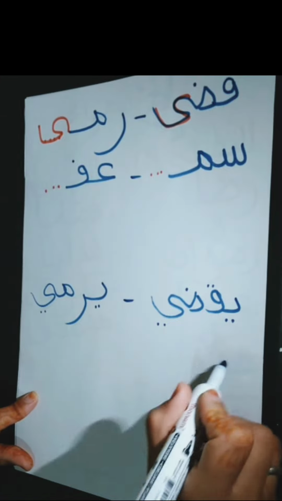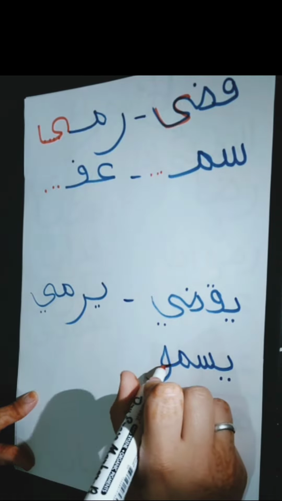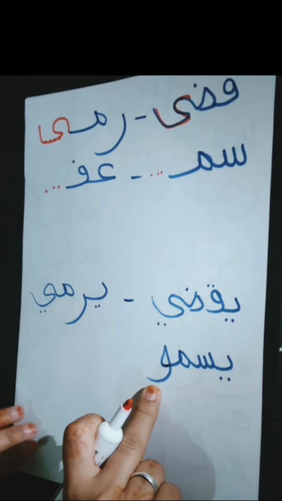The third word is sama. Okay, sama. This is word if we put it in present tense, like yasmu. It's end by waw, and we said before that if we put a verb in present tense and it's end by waw, we write it by الألف الممدودة.